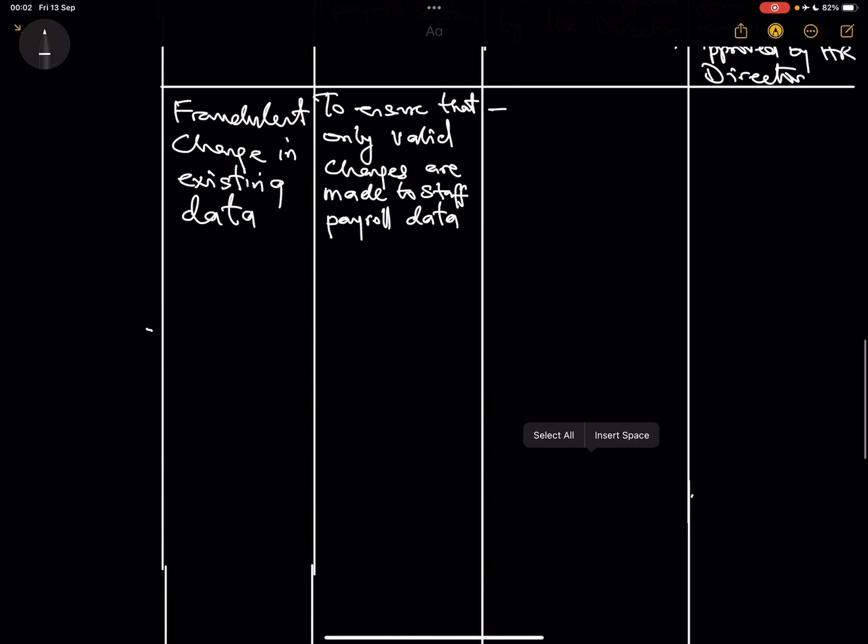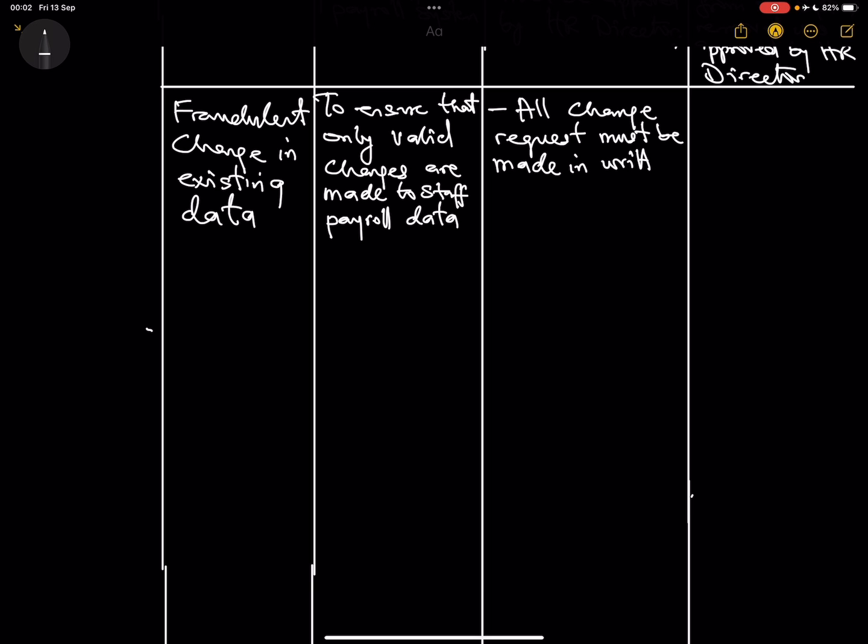So the first one is that all change requests must be made in writing, and approved by HR director. That's one.